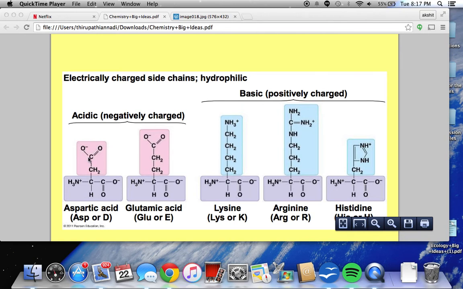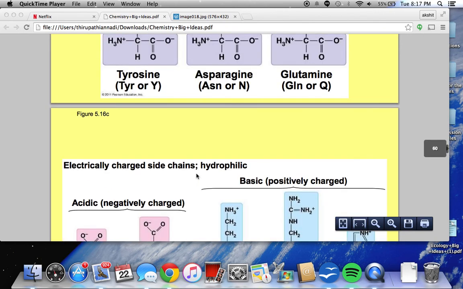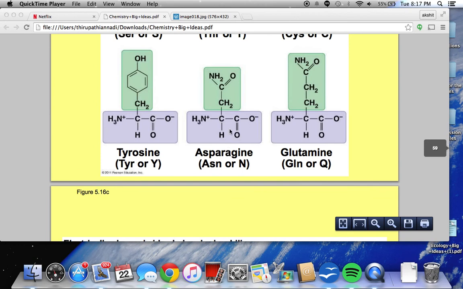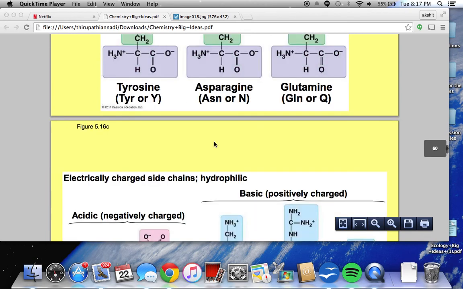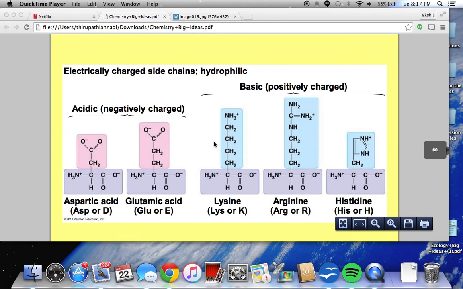They're acidic because they gave off a hydrogen. These are basic because they accepted a hydrogen. They're also hydrophilic because they're charged. You can see the purple box in each one is the same thing, because it's just the amino and the carboxylic acid. Like I stated before, the only thing that changes is the top, which is the R group.